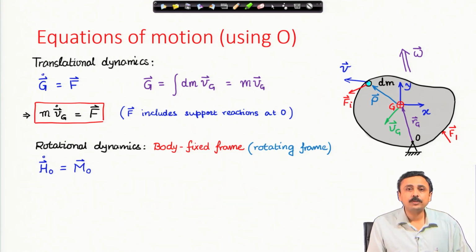O is a point which is fixed in inertial space, therefore I have this simple angular momentum equation. The rate of change of angular momentum about O must be equal to the moment of all forces about O.